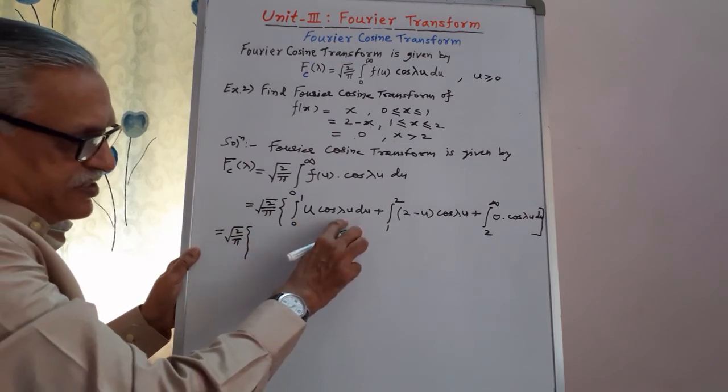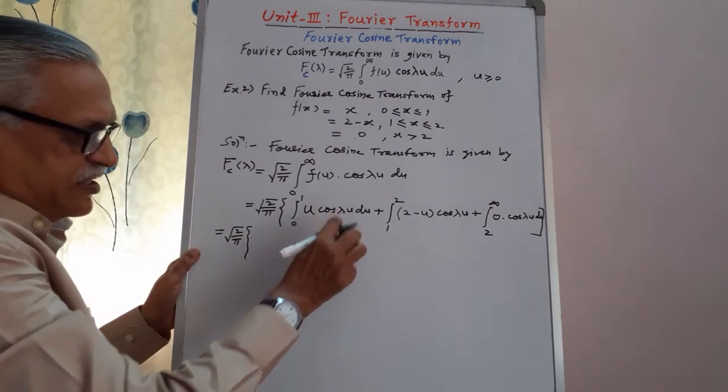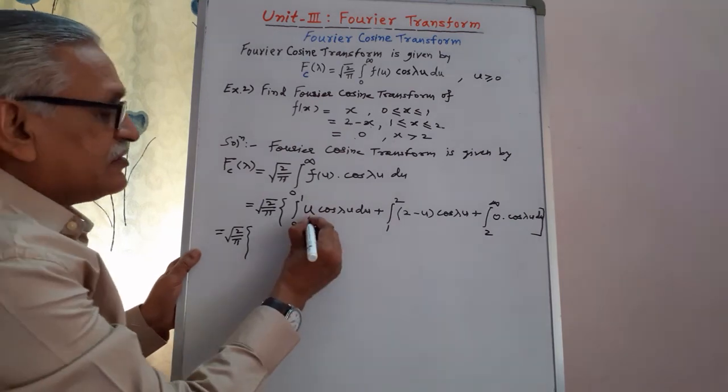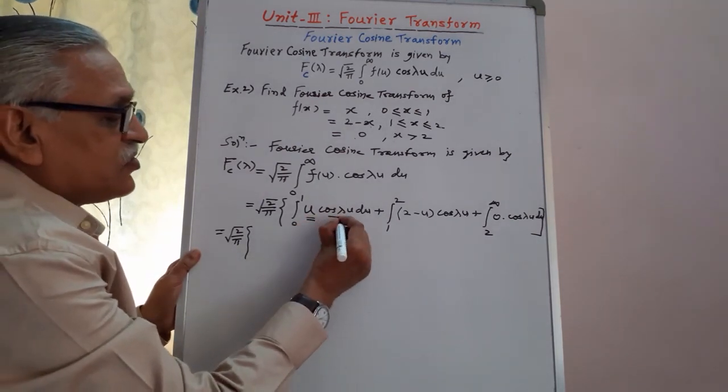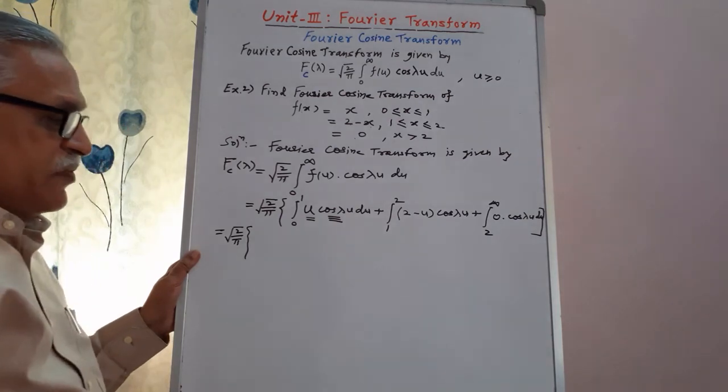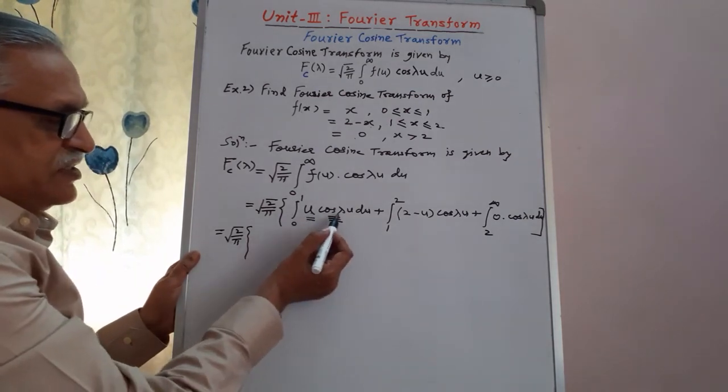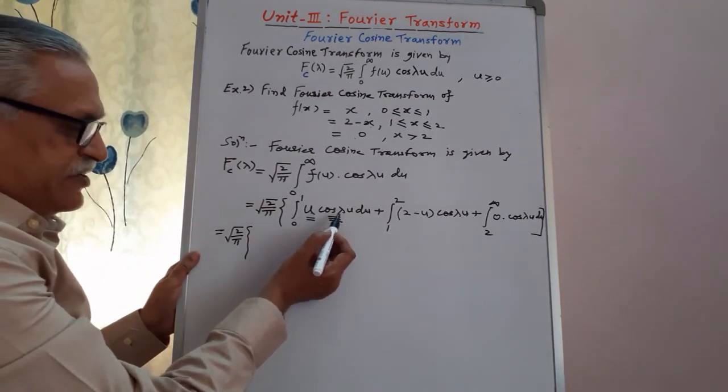Performing the first integral by parts, u is algebraic, cos is trigonometric, therefore u must be the first term and cos the second term.